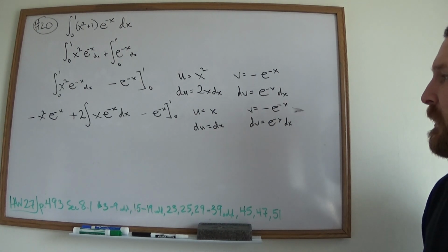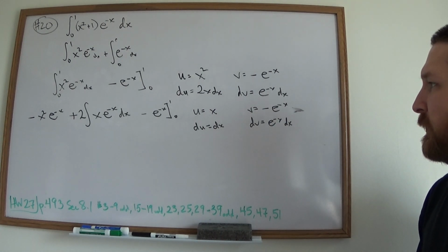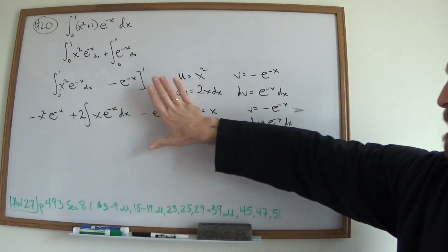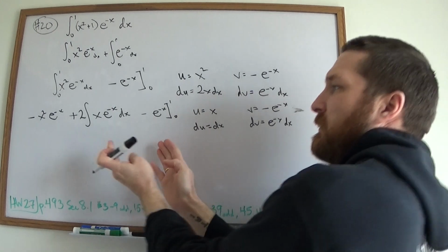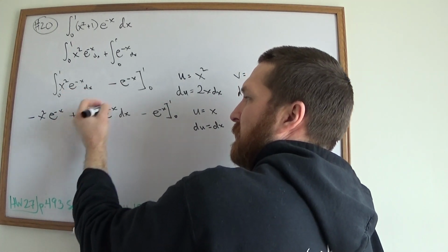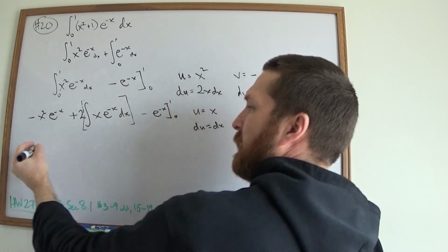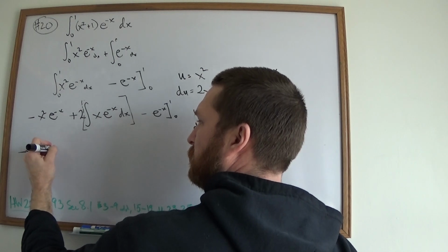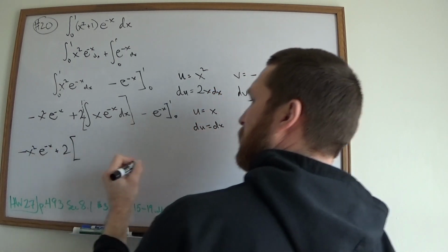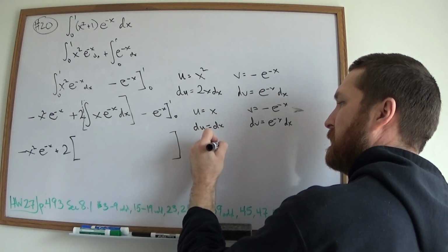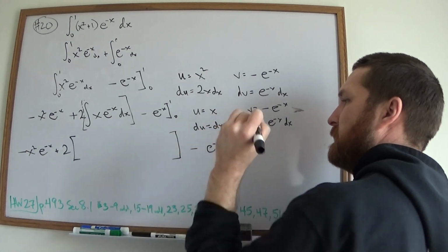Now here's where it's going to get really ugly, because it's 2 times some stuff, and then we have a minus other stuff. Parentheses or brackets are your best friend here. This is the thing I'm about to rewrite, so I'm going to do some brackets here: plus 2 times whatever this works out to be, minus e to the minus x evaluated at 1 and 0.